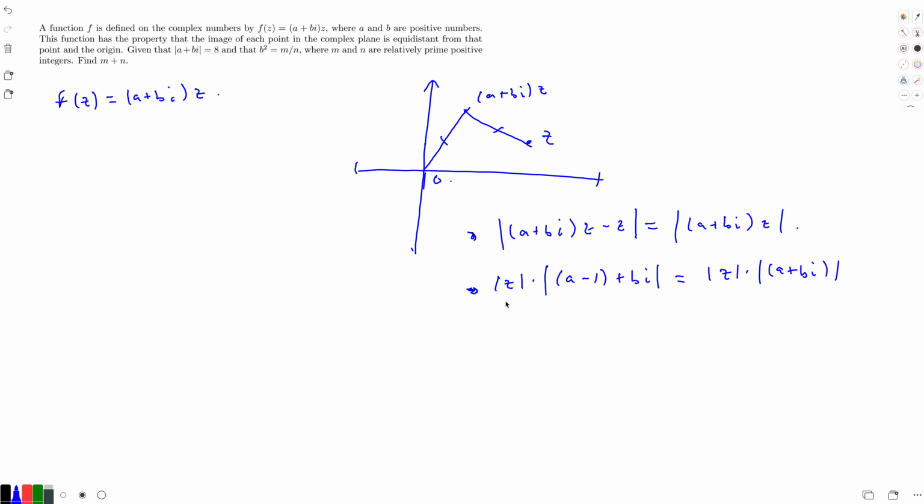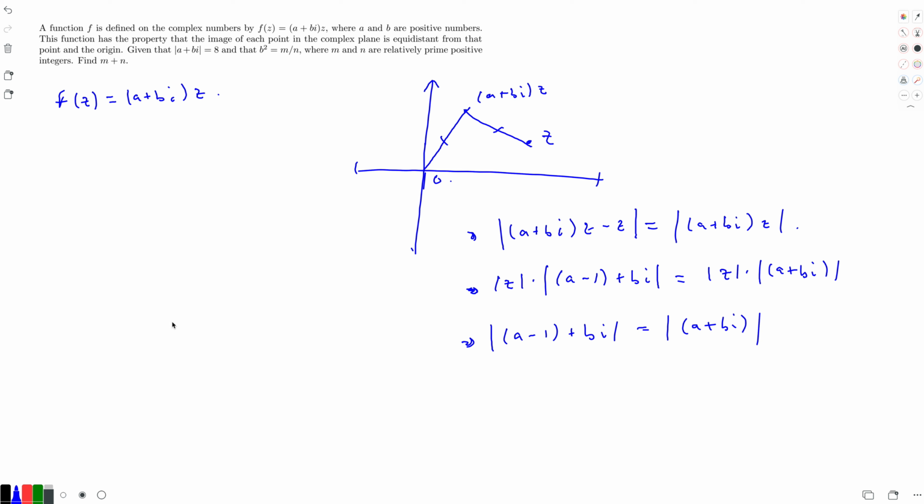Now we can safely cancel the modulus of z, because if the modulus of z is equal to 0, then z must be equal to 0, and if z is equal to 0, this function just degenerates into a single point, 0. So we can safely cancel the absolute value of z to get the modulus of a minus 1 plus bi is equal to the modulus of a plus bi.